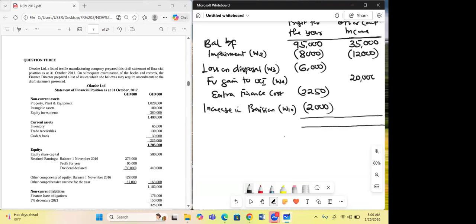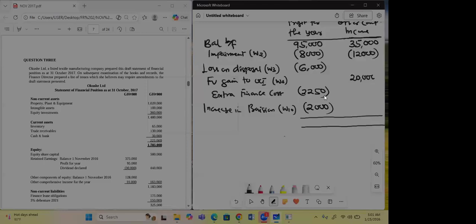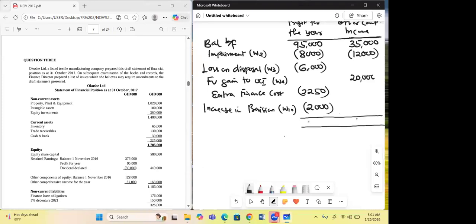So when we close it, what will this give us? Please calculate for us. This is 40. 35 minus 12, that is what? 23 plus 20 is 43. So this is 43,000. 76,750. Confirmed. Okay. That is 76,750, the profit for the year. This is my network.